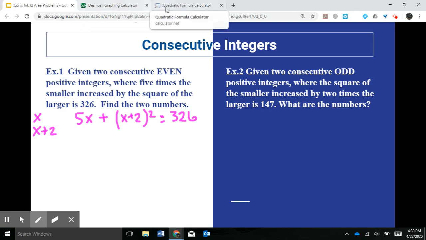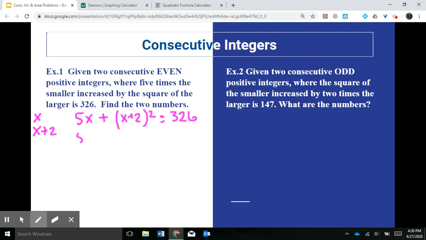I want to use Desmos, and I want to use a quadratic formula calculator on the computer where all I have to do is type in A, B, and C, and it gives me my zeros. But to get to that point, you need to know what A, B, and C are. So we've got to do some simplifying here. I've got to take care of this double distributive property problem.